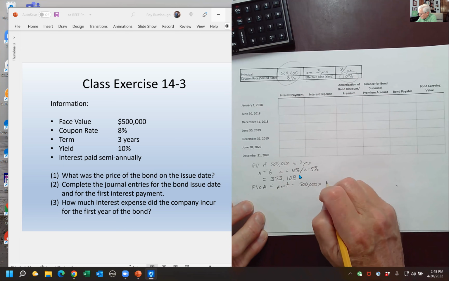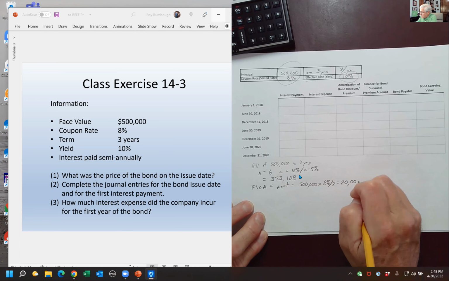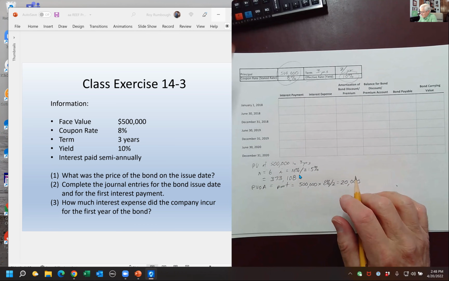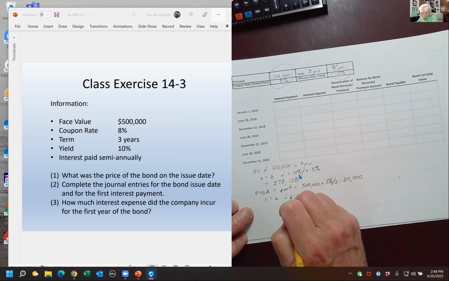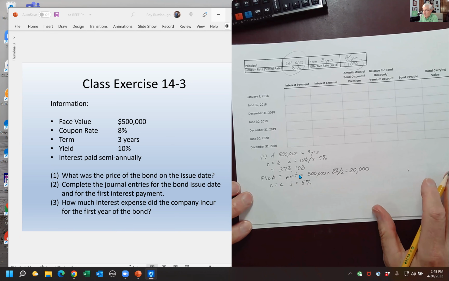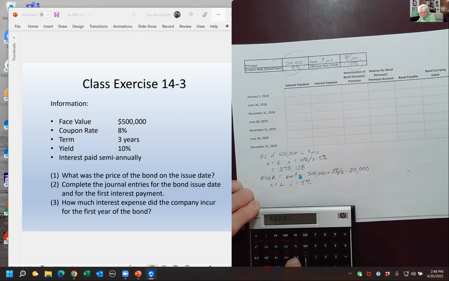That's what they promised, 8%. But I've got to divide by 2 too, so 4%, and that's going to equal $20,000. Just going to check my math. So N equals 6, I equals 5%. All right, again, easy to do. You can use the tables if you like pain, I guess.